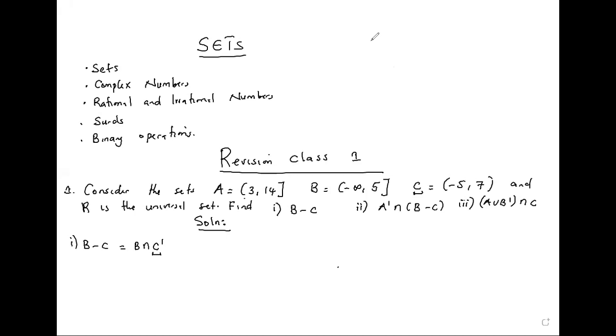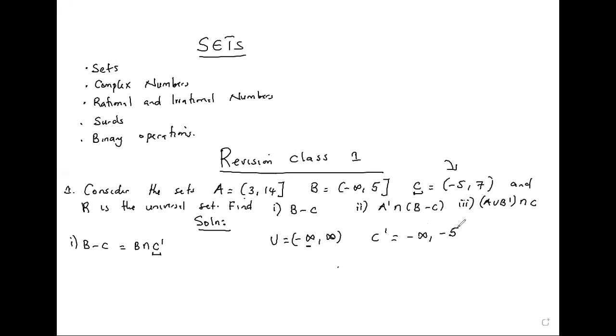To get C complement, since the universal set is from negative infinity to positive infinity, the complement of any set runs from the left of this universal from negative infinity all the way up to where we find the set C starting from. So starting from negative 5, we end at negative 5.